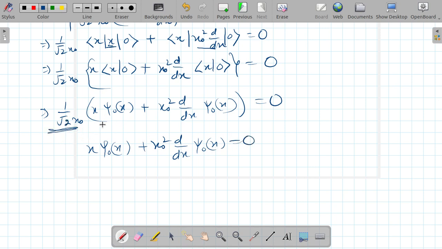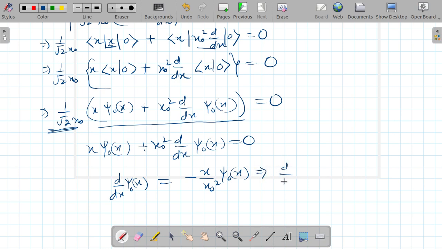From here I can write the expression for d psi naught x over dx, and it is equal to minus x over x naught square into psi naught x. Let me call this equation number 7.